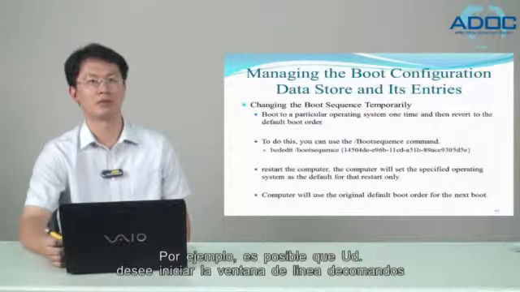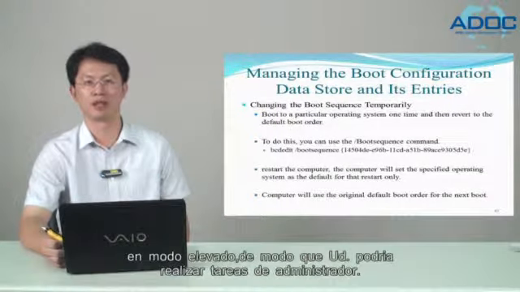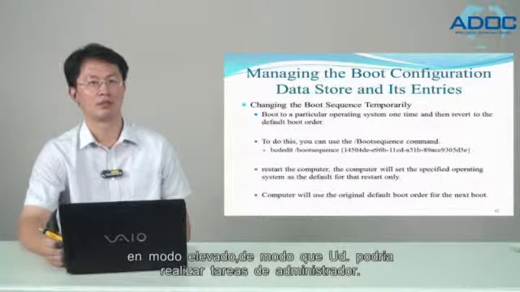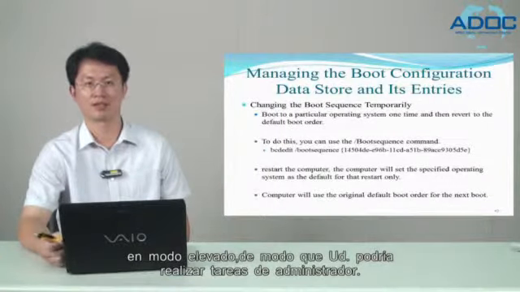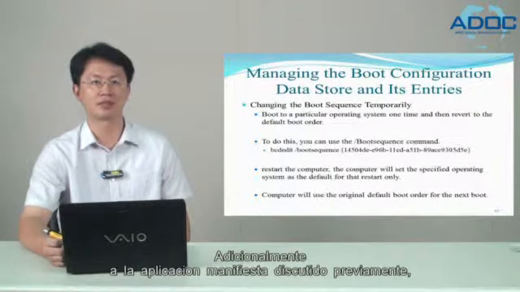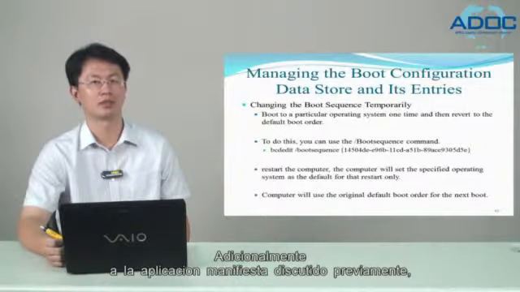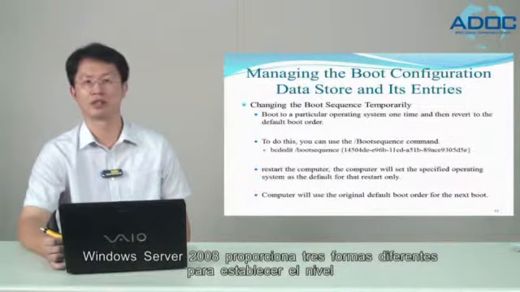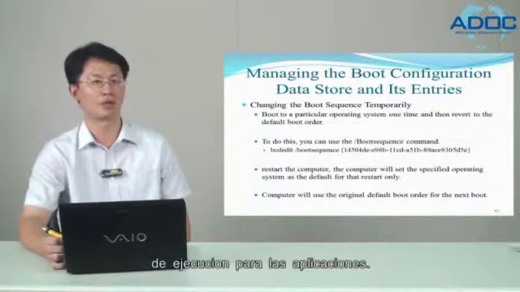For example, you might want to start a command prompt window in elevated mode so you can perform administrator tasks. In addition to the application manifest discussed previously, Windows Server 2008 provides three different ways to set the run level for applications.